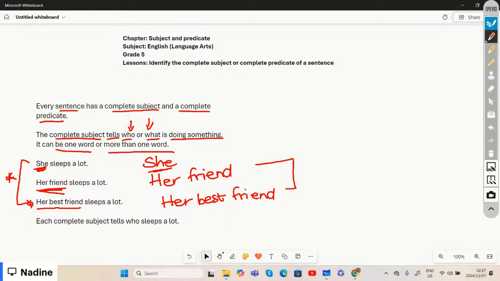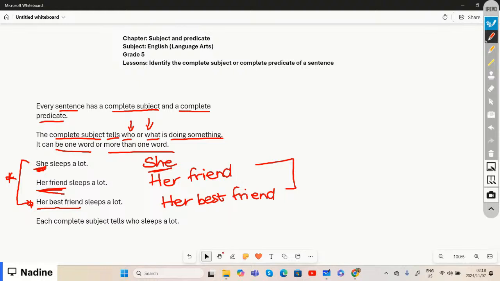So basically, once again, the person is the subject. Or if there was an animal, that is the subject. And the subject is doing something, right? A subject tells us who is doing something or what is doing something.